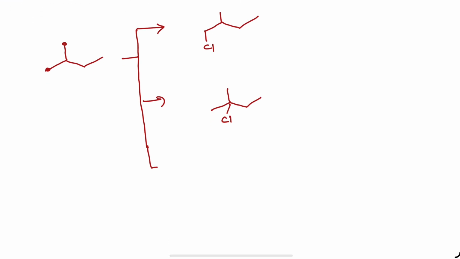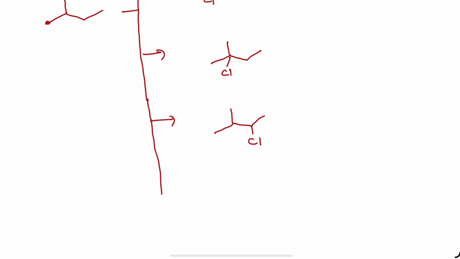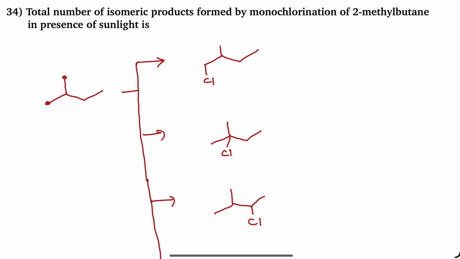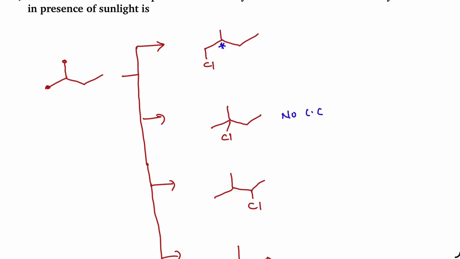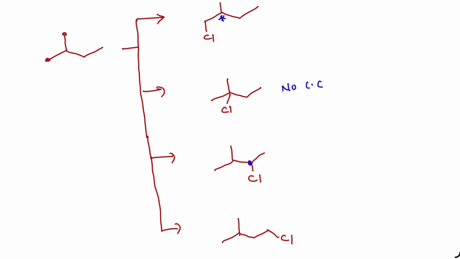This is one possibility. Structures I am writing first. This is another possibility. This is one more possibility. Here this is a chiral center, one chiral center. Next second one, no chiral center. Next you have one chiral center.